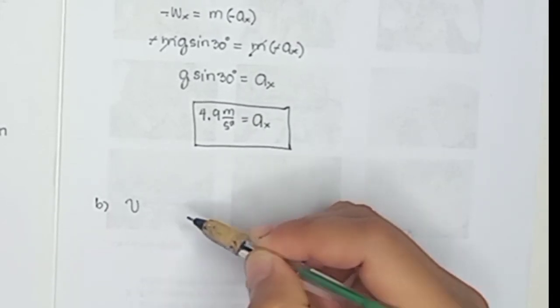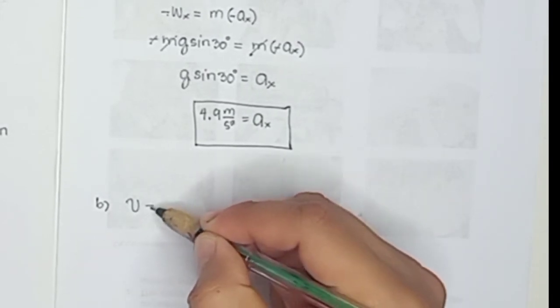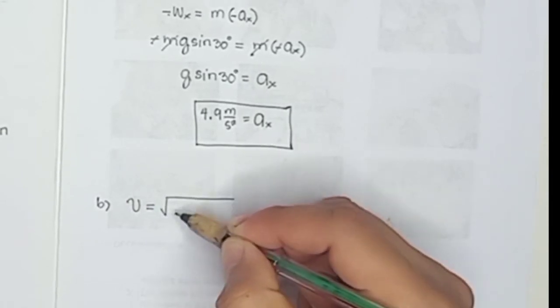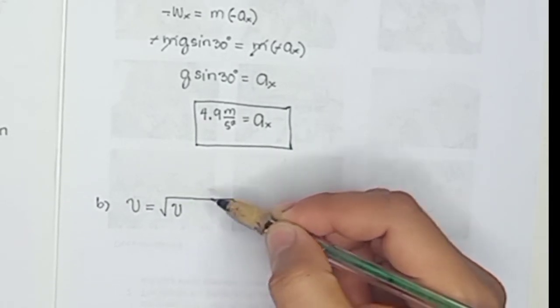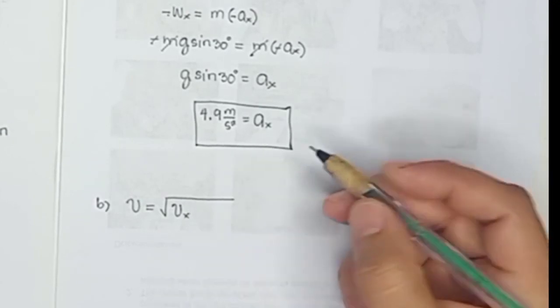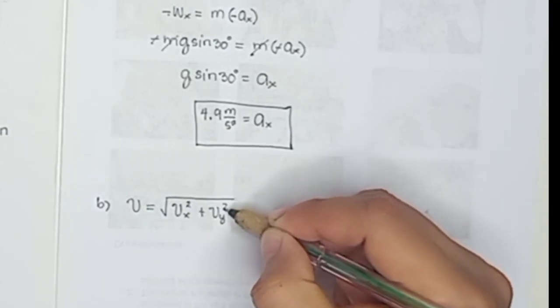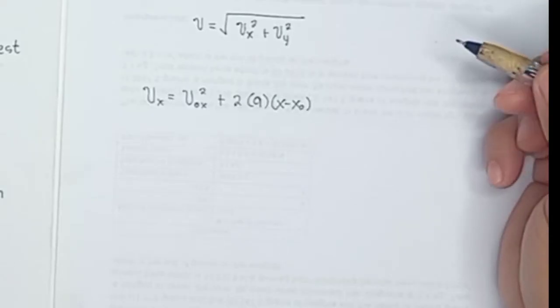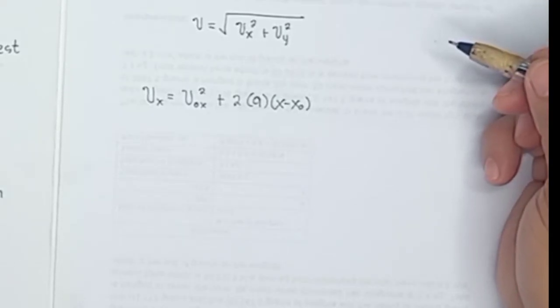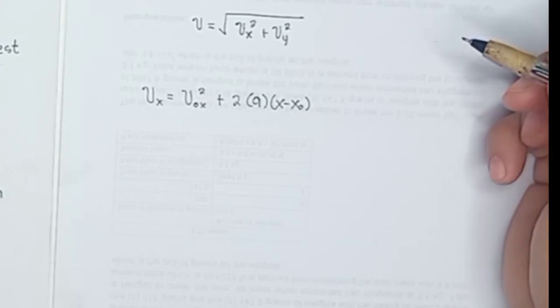So we have v equals the square root of vx squared plus vy squared. To solve for vx, we will use the fourth equation of the motion with constant acceleration.